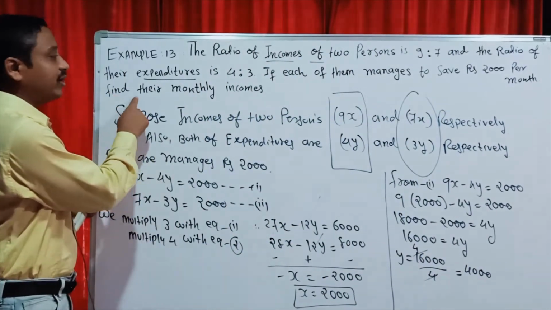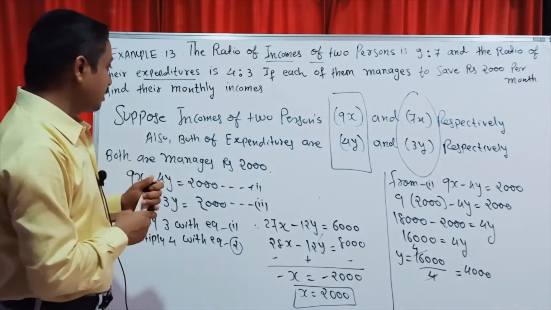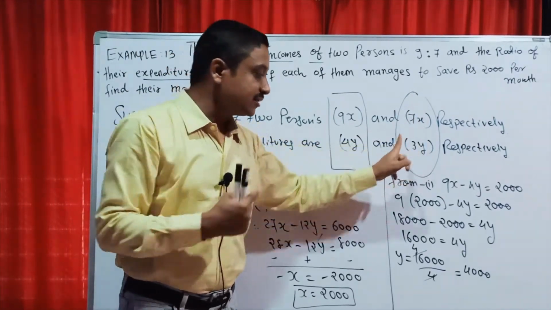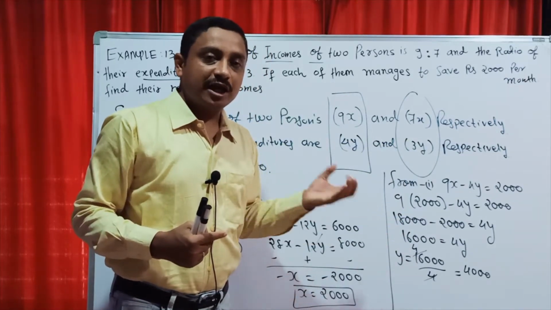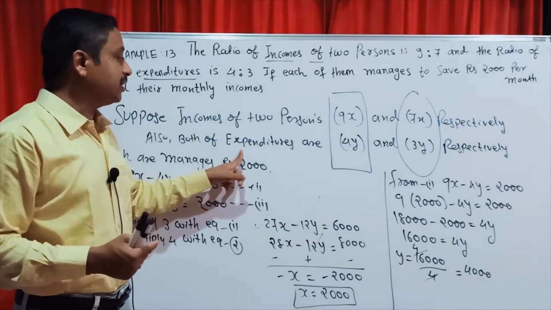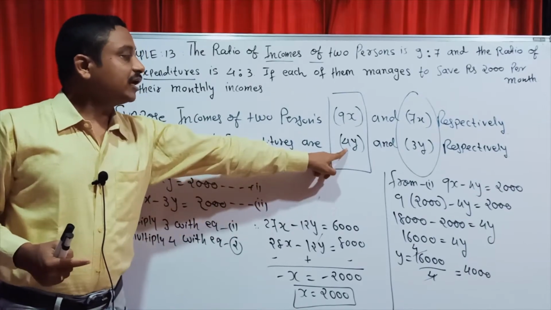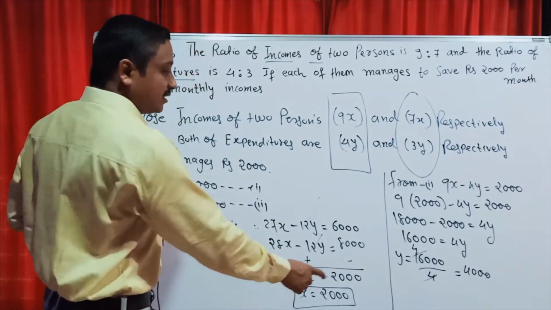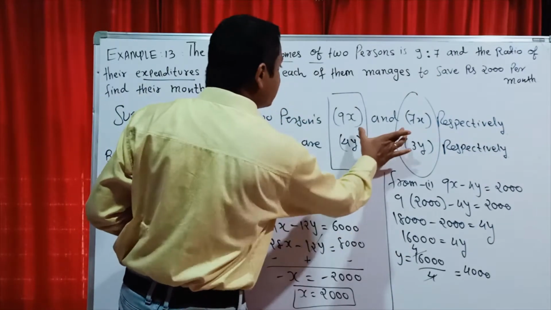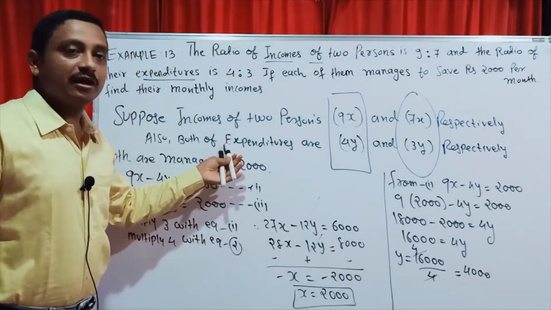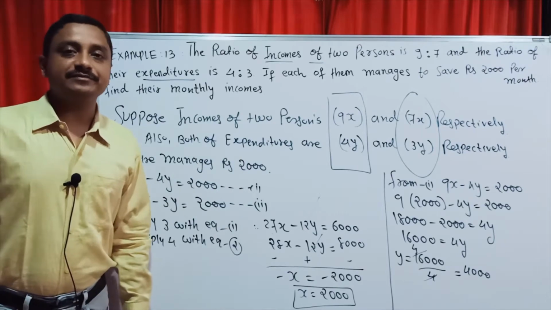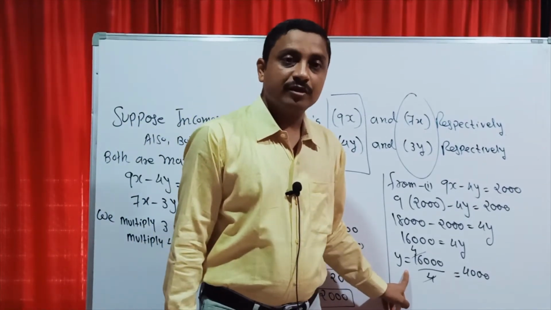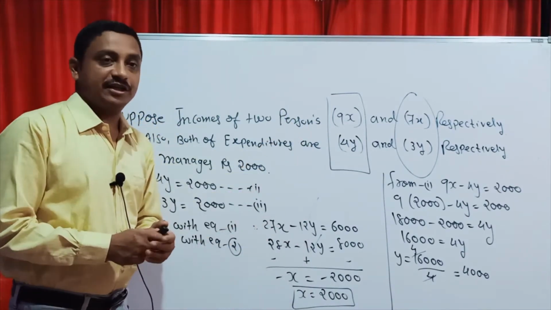What is the target? Find their monthly incomes. The monthly incomes I already assumed as 9x and 7x. Putting in the value of x, your sum is finished. And if you are asked for the monthly expenditures, then use 4y and 3y. So finally, students, we put the x and y values in the final answer.